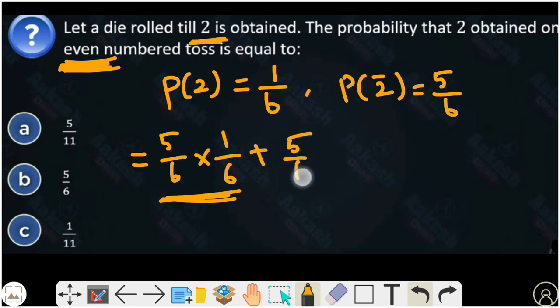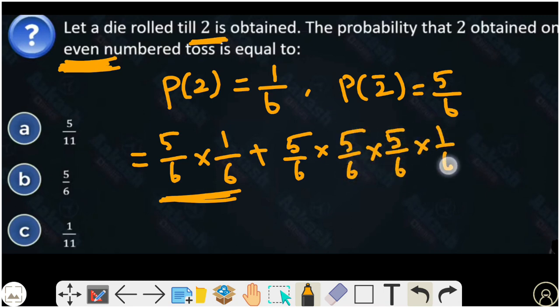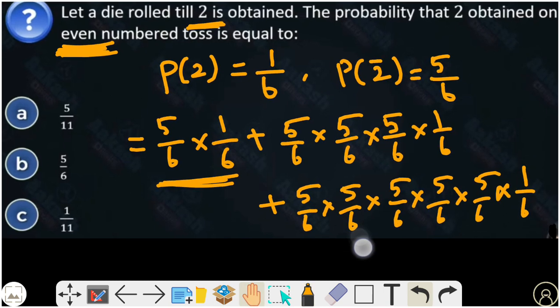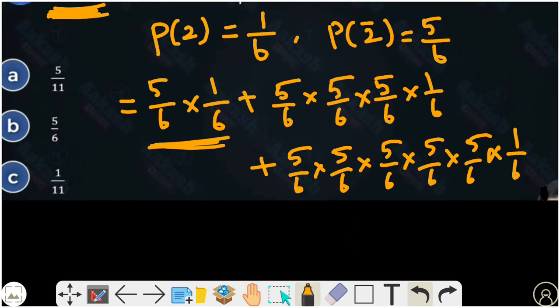Next time I will get not getting, and again not getting, and again not getting, and finally I will get 1 by 6. So 5 by 6 into 5 by 6 into 5 by 6 into 5 by 6 into 5 by 6, 5 times, and the last time is 1 by 6.